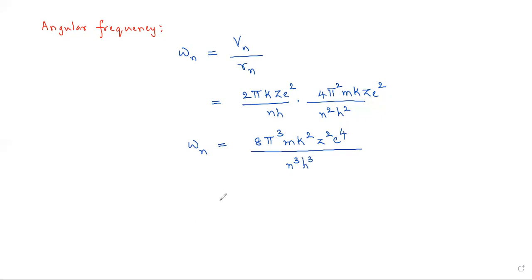On simplification, substituting all the values except n and z, we get 4.126 into 10 power 16 into z square by n cube, again per second. So this is angular velocity.